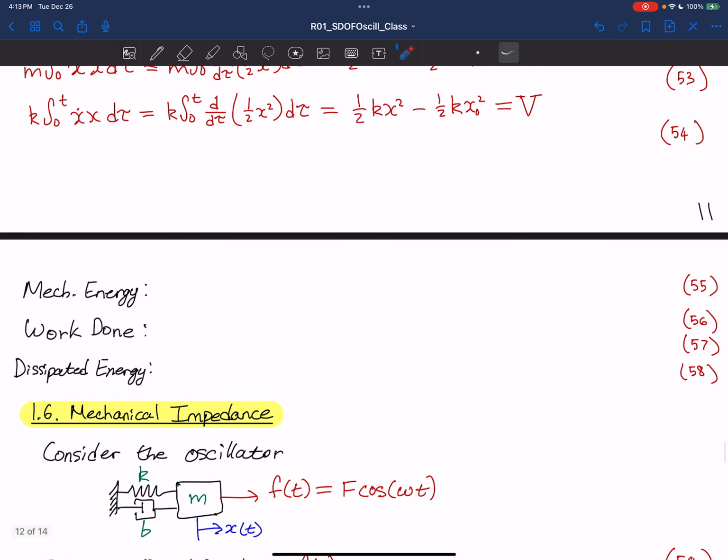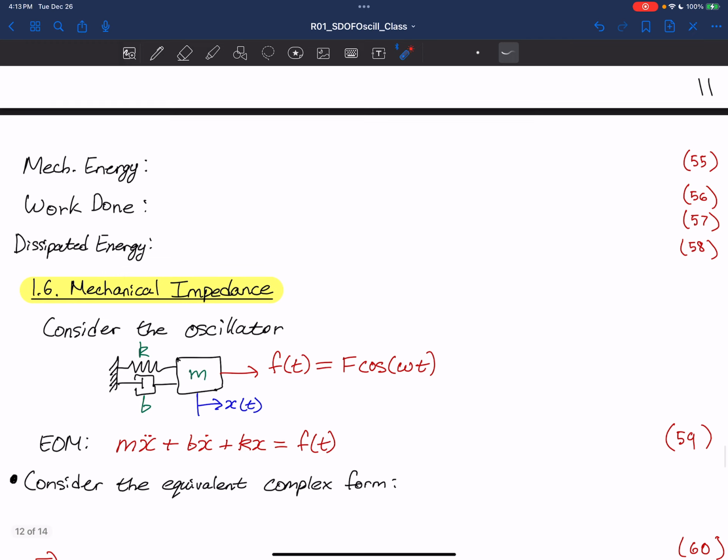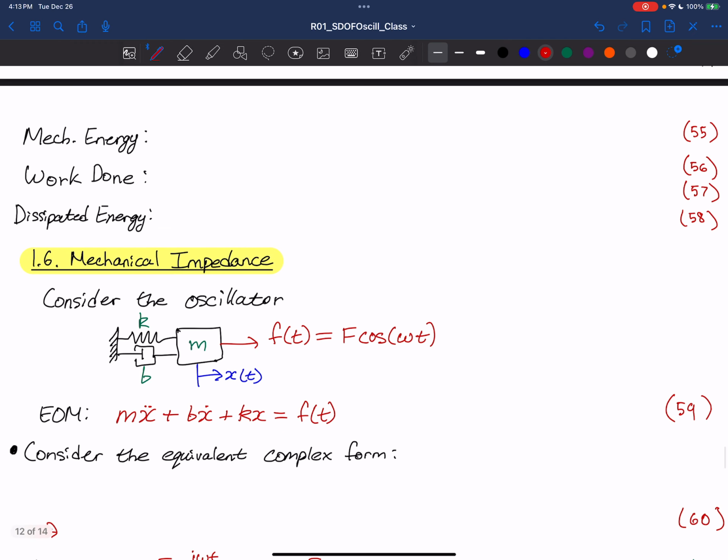Okay, so to summarize what we've looked at so far, we can say that the mechanical energy of the oscillator, let's call this E of t, is equal to 1/2 m x dot squared, that's our kinetic energy, plus 1/2 k x squared, that's our potential energy, minus that initial energy E0. And of course here E0 is equal to 1/2 m u0 squared plus 1/2 k x0 squared.